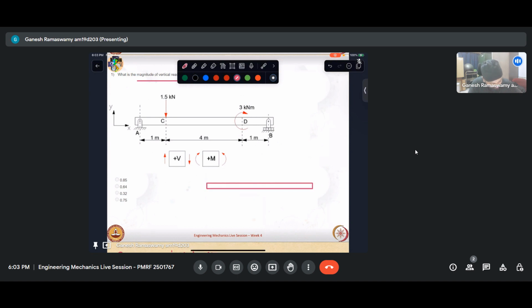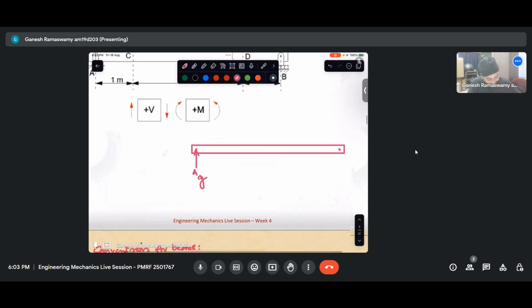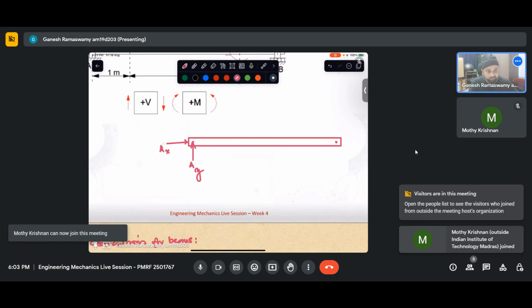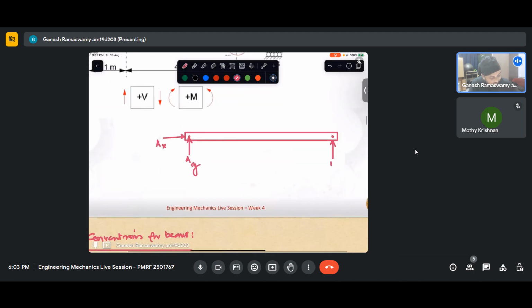Let us say this is the beam. These are the two pins. I have a vertical force, call it AY. Then I have a horizontal reaction, call it AX. At this end, I'll have a vertical force, and since that is labeled B, I'll label it BY.